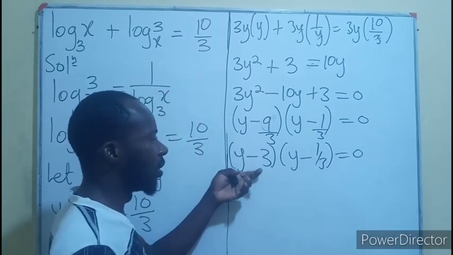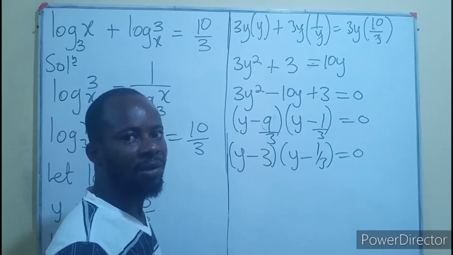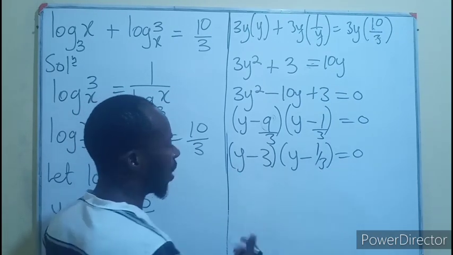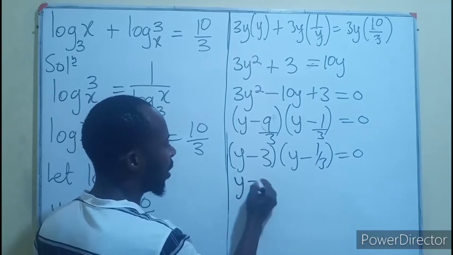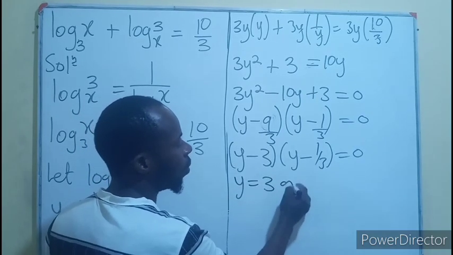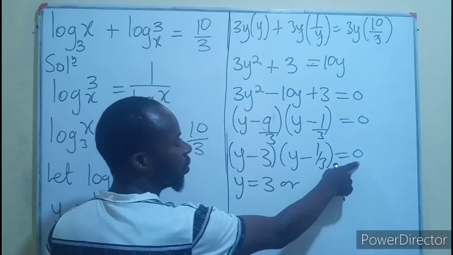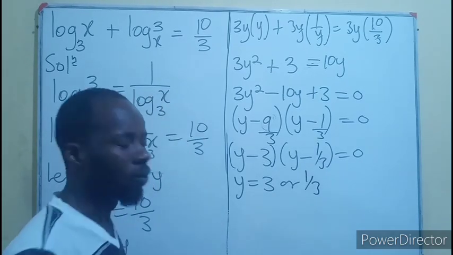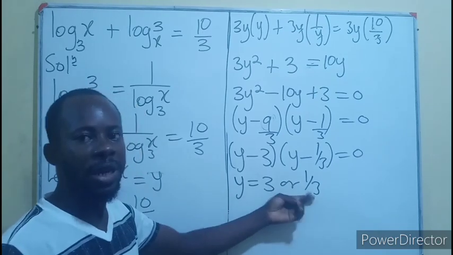So we equate both brackets to 0. y minus 3 equals 0 gives y equals 3, or y minus 1 over 3 equals 0 makes y equal 1 over 3.